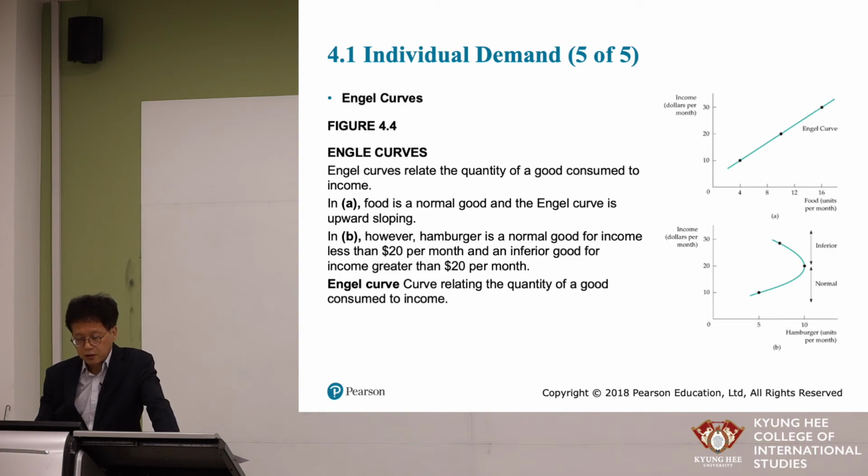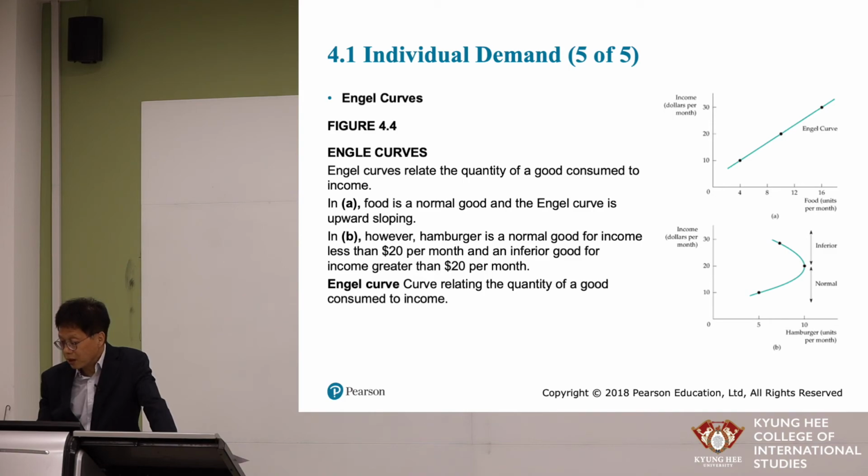Now in panel A, the Engel curve is like this, right? So here food is a normal good. Why? Income increases, then demand for food or consumption of food increases. So normal good by definition. But now think about panel B. The Engel curve is shaped like this. Income increases from $10 to $20, then demand for hamburger increases like this. So hamburger is a normal good. But your income increases again, $20 to $30, then what happened?